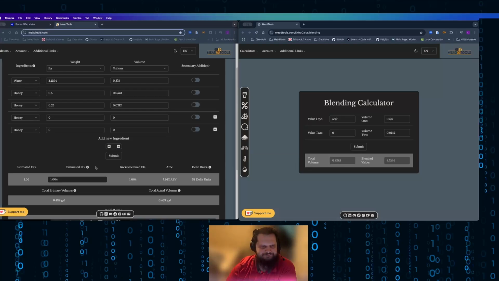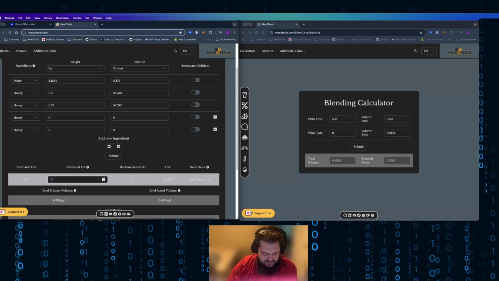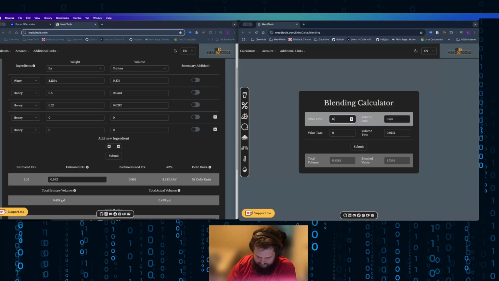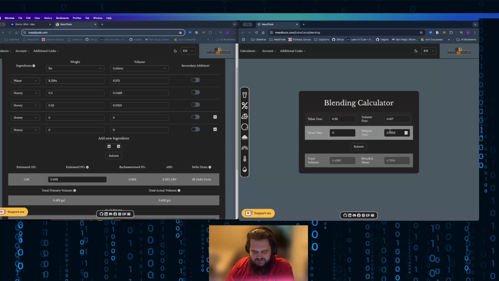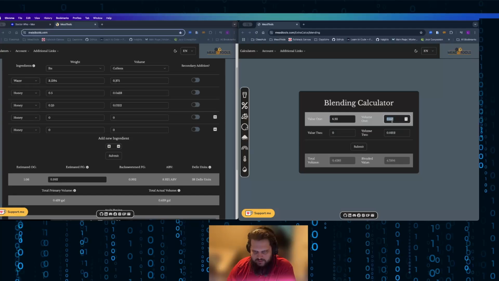Now, the second time it went all the way down to 0.992, I believe. So I'm at 8.92% now. And my new volume to put in here is 0.439.